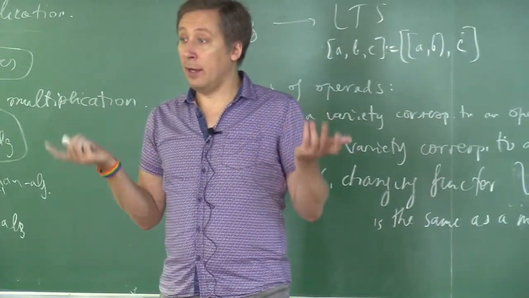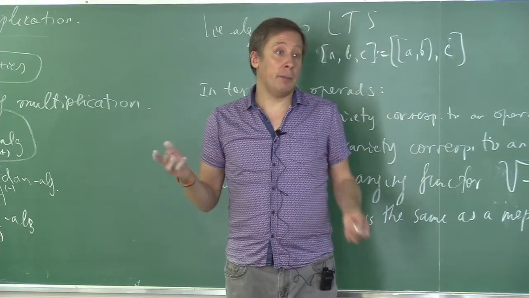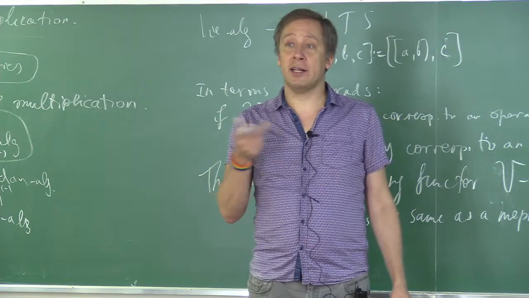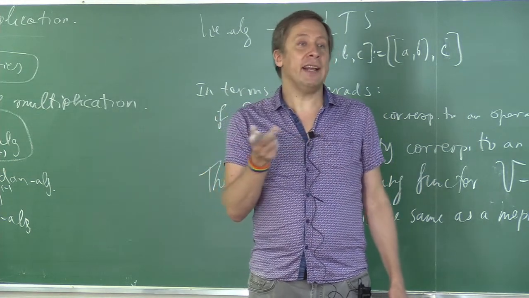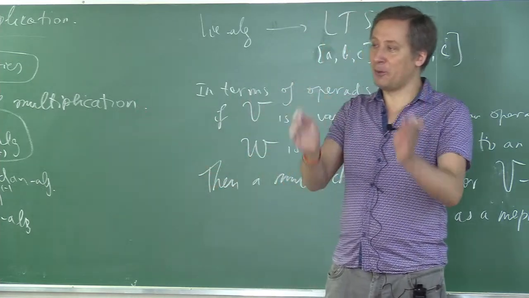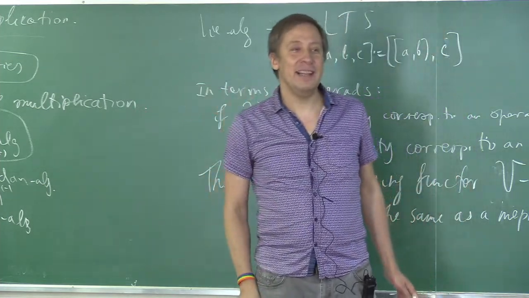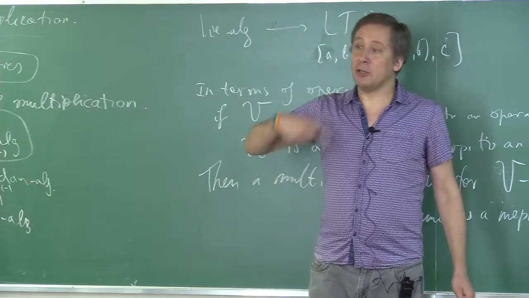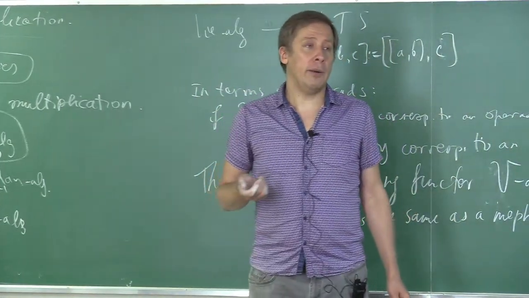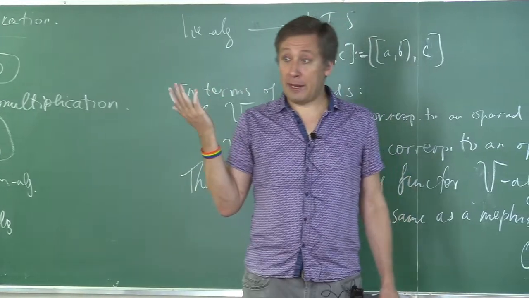On the universal enveloping associative algebra, we have a filtration, and the relations are quadratic-linear. We say that AB minus BA is equal to the bracket of A and B. So we have a quadratic element equal to a linear element. Then, when we take the associated graded, you have, according to the Poincaré-Birkhoff-Witt theorem, the symmetric algebra.